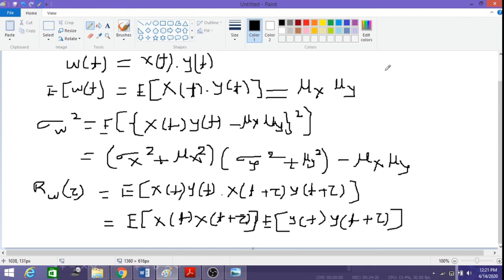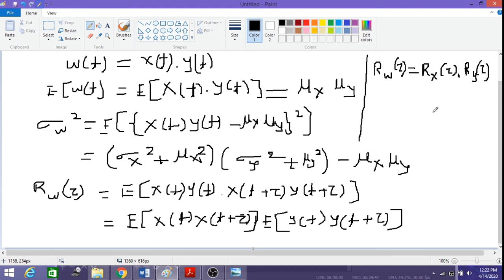So Rw of tau is equal to Rx of tau into Ry of tau.